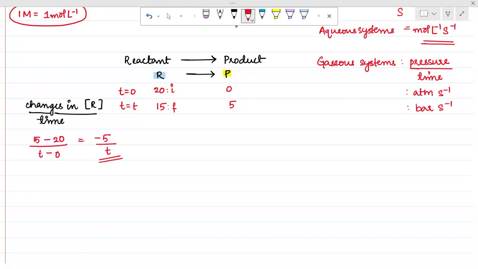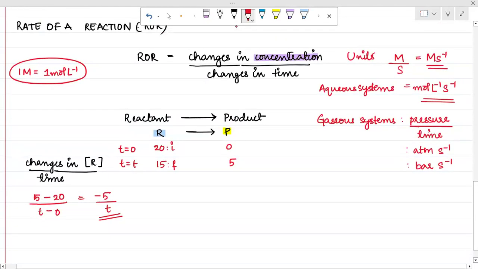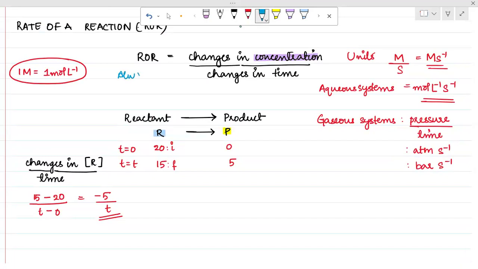Now, what you have to understand is that rate is always expressed as a quantity which is positive. Very, very, very important. Rate of any chemical reaction is always going to be expressed as a positive quantity. Whether it is a rate of the reaction with respect to reactant, or with respect to the product, whoever the species is, it is always going to be positive.